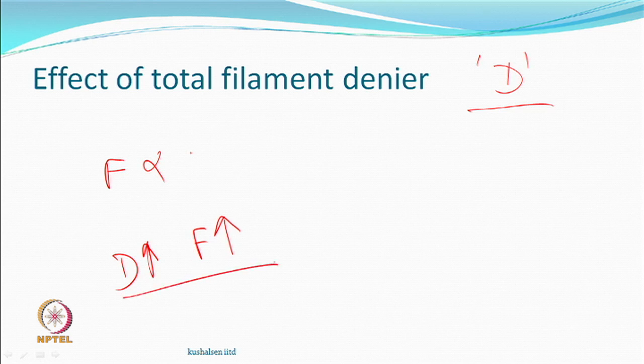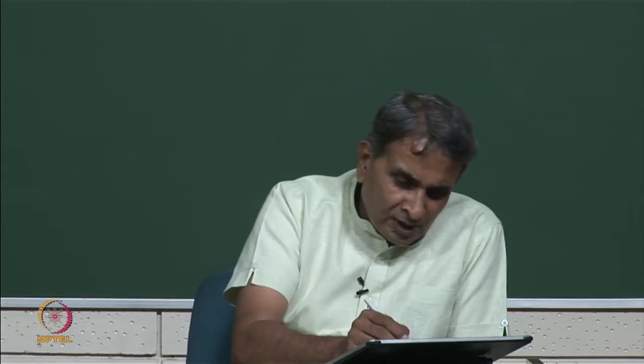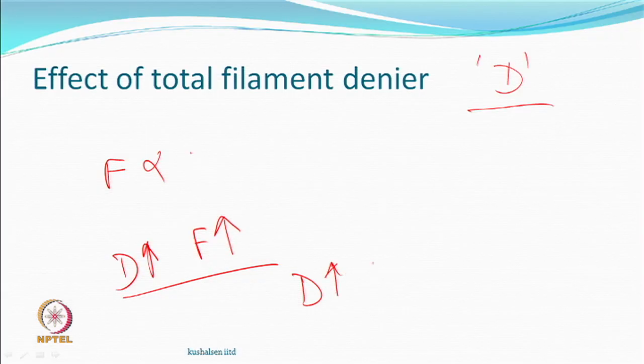So, they did experiments, because they say this is an experimental formula, empirical, and what they found was when you increase the D, F goes down. So, it did not happen as expected. It was interesting for them also.